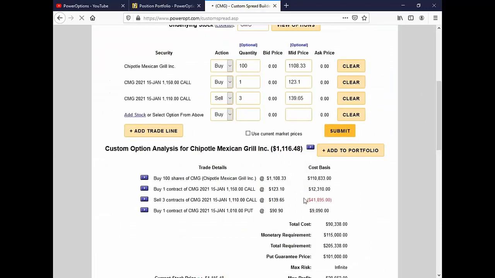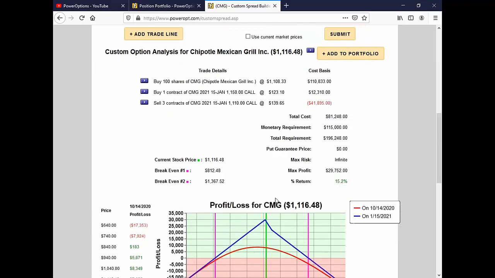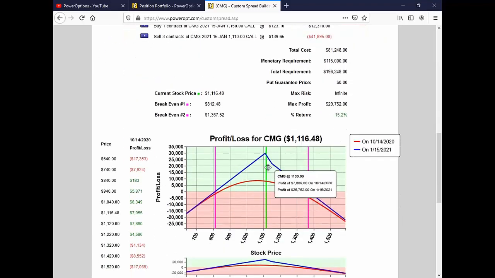Let me clear that out. Let's take a look at this standard position. 100 shares at 1108.33. One long call at 123.10 with the 1150 strike for January 2021 and an 1110, 3 calls sold, 139.65. This is what we're looking at.